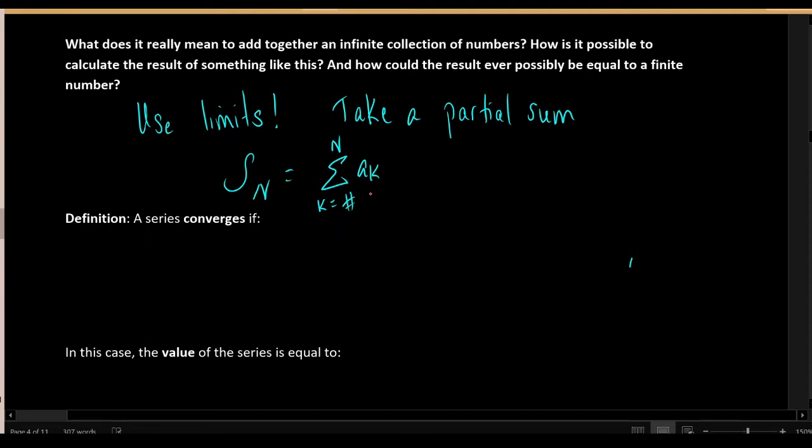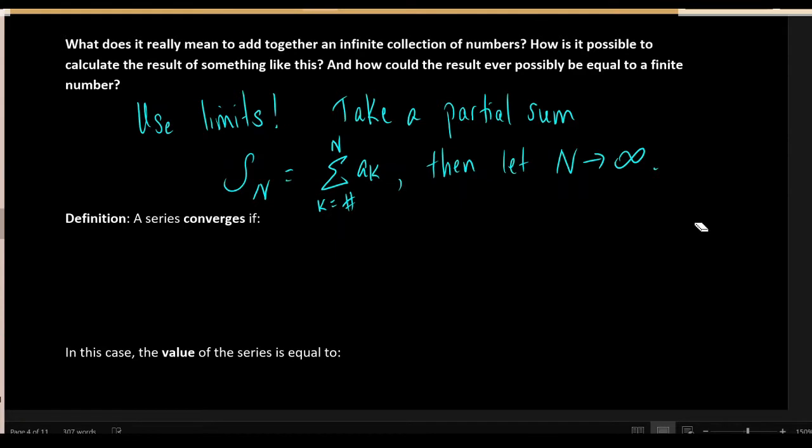Try and find a formula for that, and then see what happens when you take the limit as n goes to infinity. Because finite sums are something that can be calculated by hand, limits are something that can be calculated by hand. When you put them together, you get an infinite sum that can be calculated by hand.